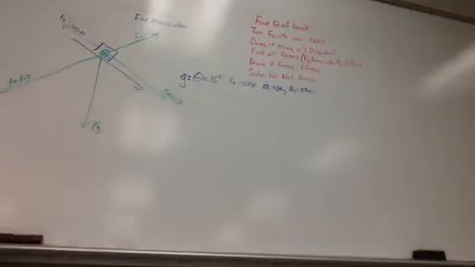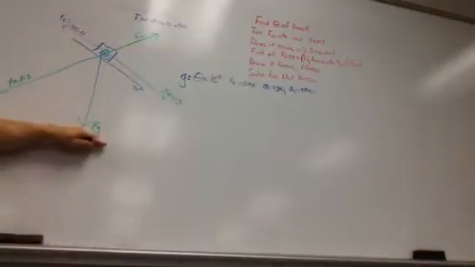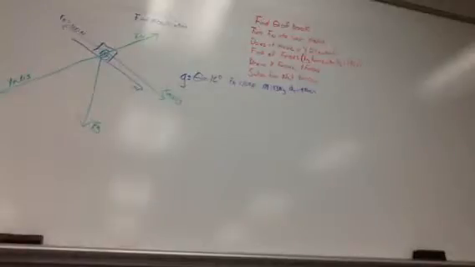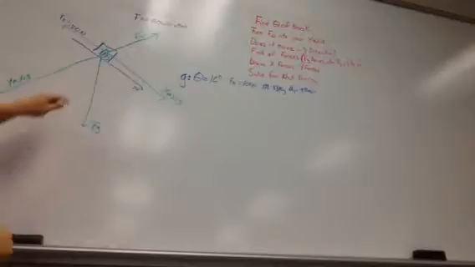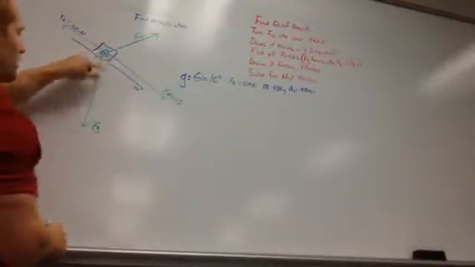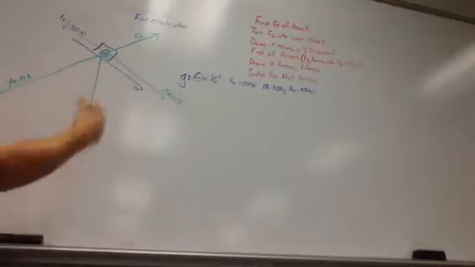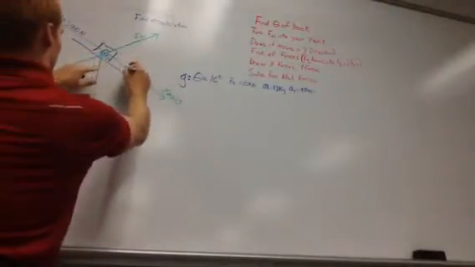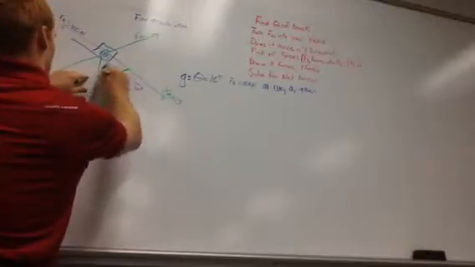This is not y or x. It's actually going in both directions. So what we're going to do with Fg is make it into a triangle, because notice it's not going x or y, it's going both. So it's actually a resultant. So we're going to travel down here, draw this perpendicular.